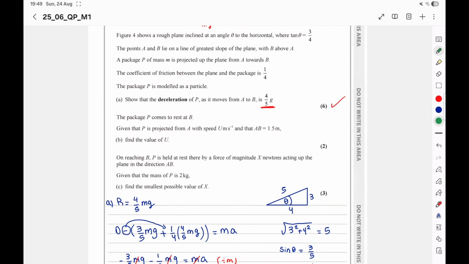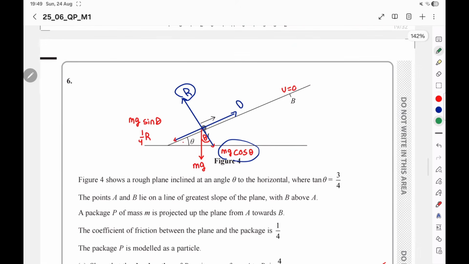On reaching B, P is held at rest there by a force of magnitude x newtons acting up the plane in the direction of AB. Given that the mass of P is 2 kilograms, find the smallest possible value of x. Alright. When the particle reaches B, there is a force of magnitude x newtons.